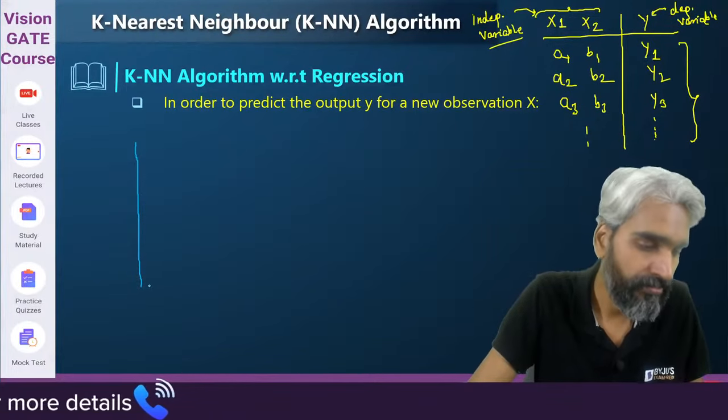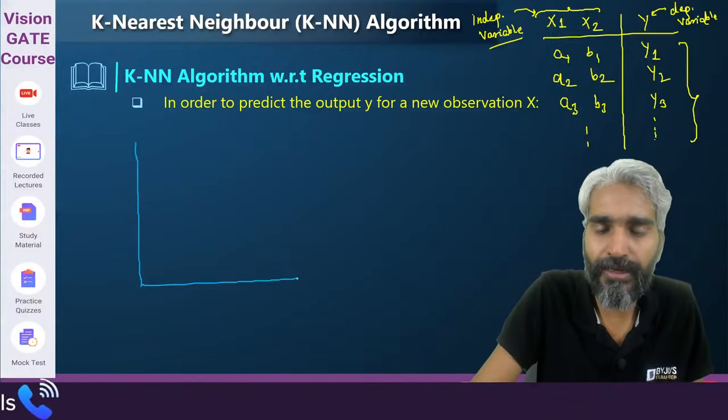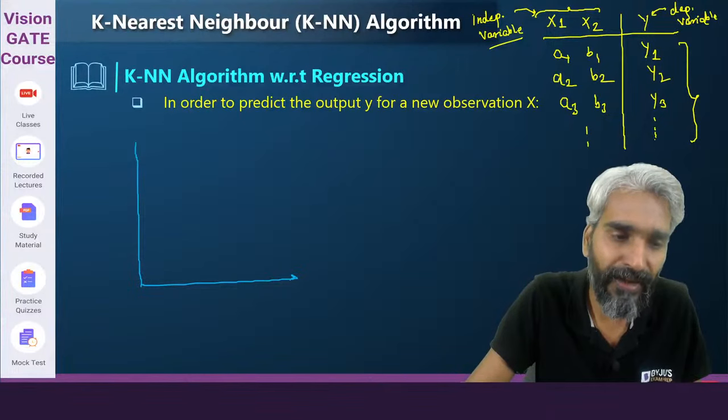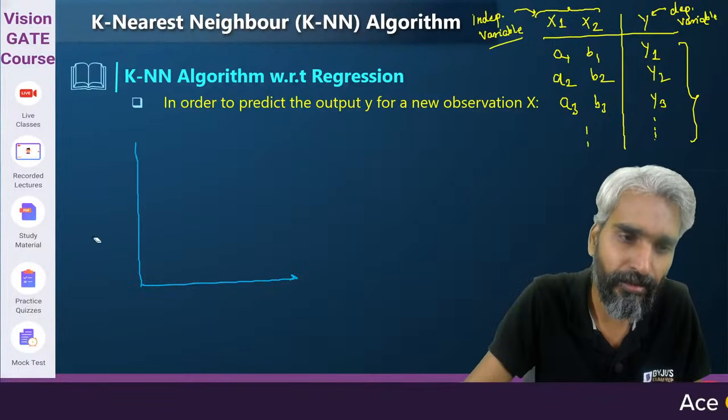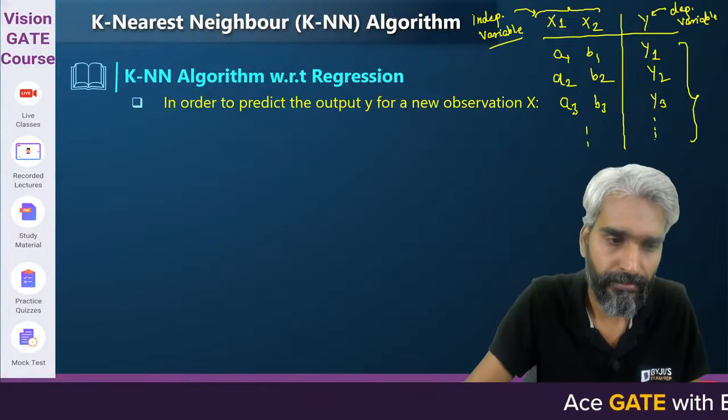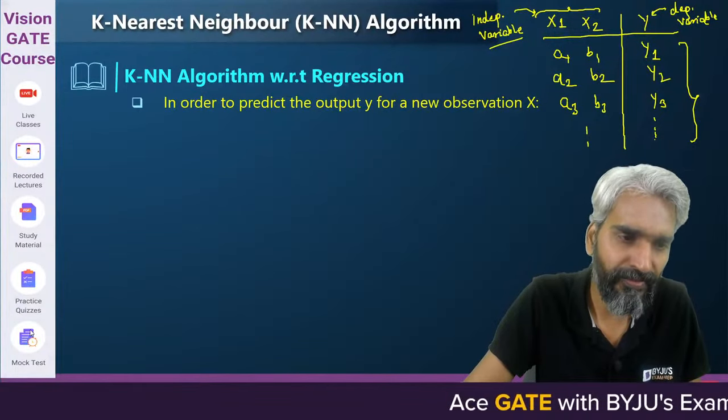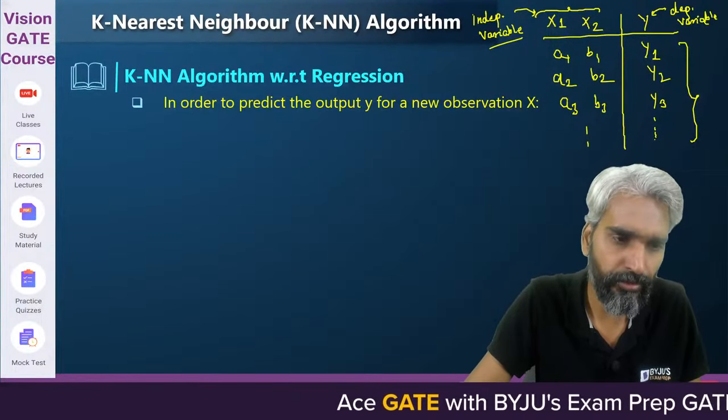Similar concept: you will identify the k nearest neighbors. Let me directly define the algorithm so that it will be easier.